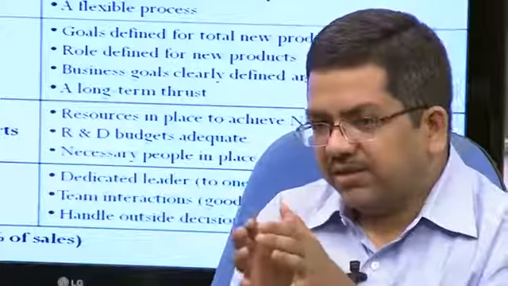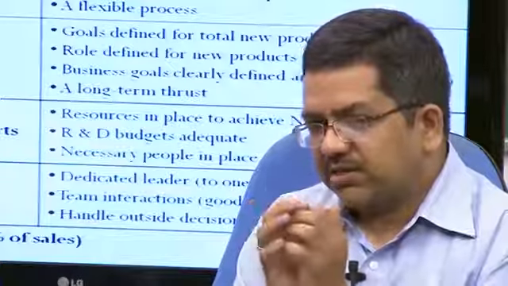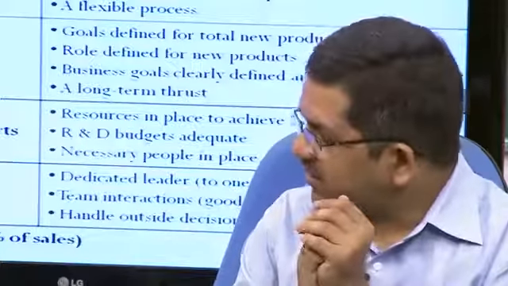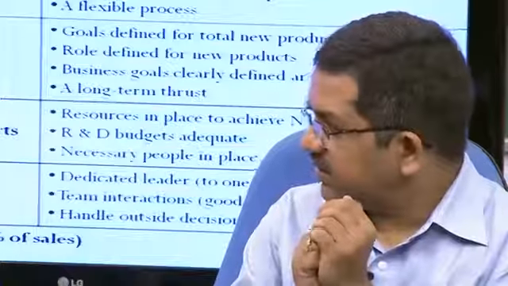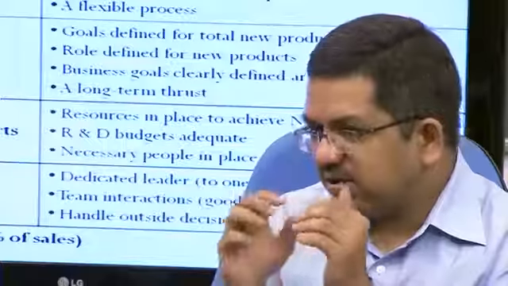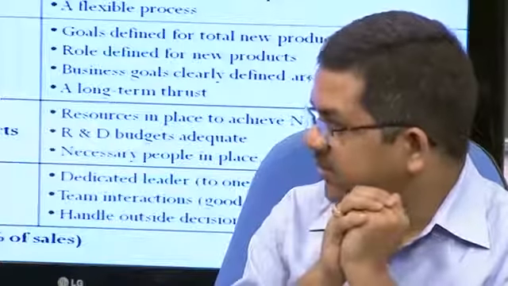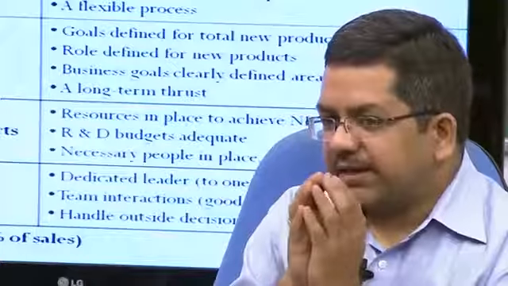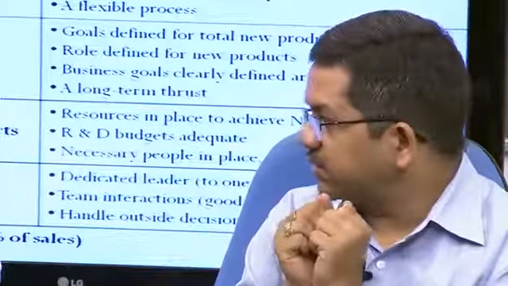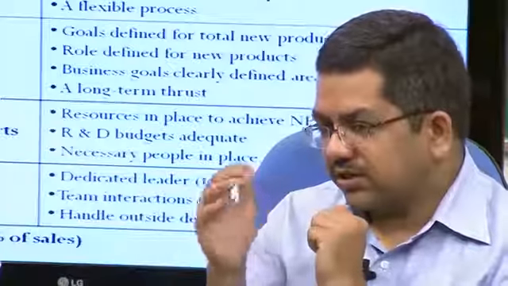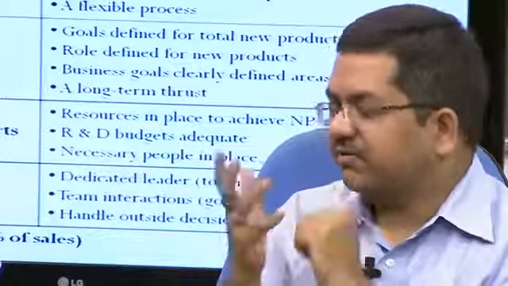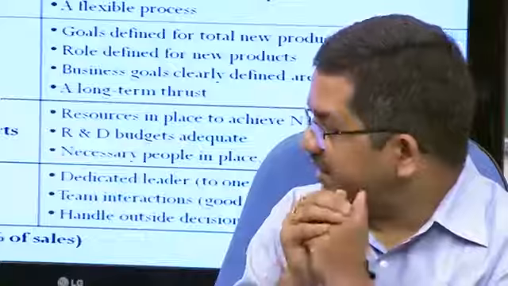Now one thing which I would like to highlight here is that quite often this stage gate system is also criticized because it is a very formalized way of new product development, and people say that when we follow this stage gate system in a very regimented way, often the creativity gets killed.